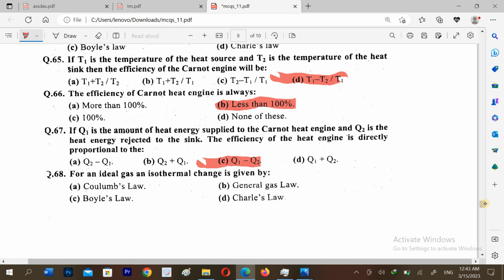If Q1 is the amount of heat energy supplied to the Carnot heat engine and Q2 is the heat energy rejected to the sink, the efficiency of the heat engine is directly proportional to the... C. For an ideal gas, an isothermal change is given by C. Boyle's law.